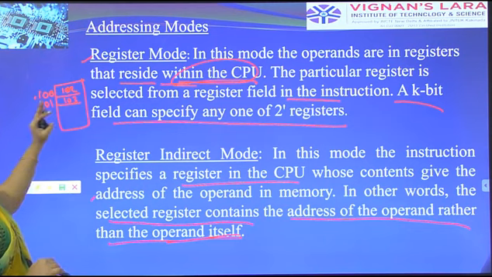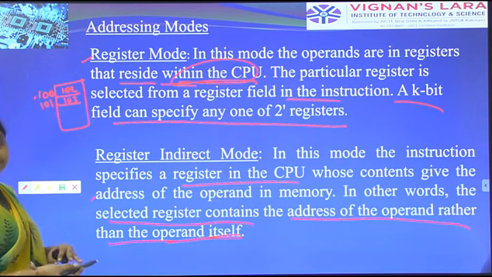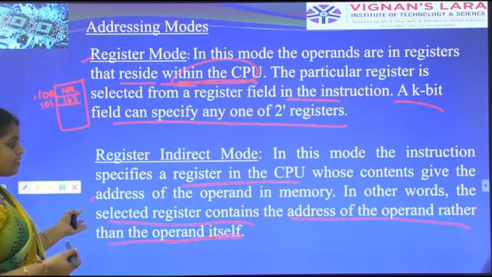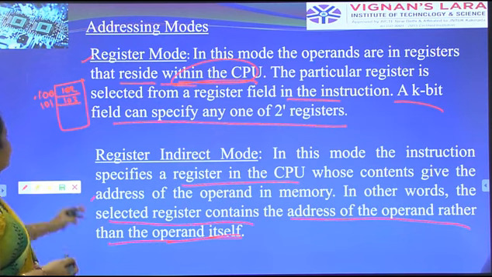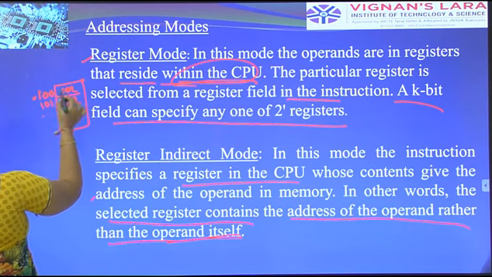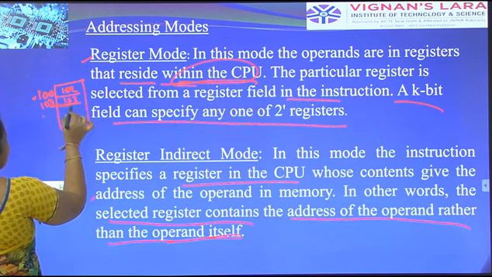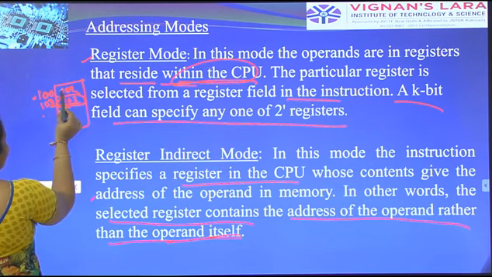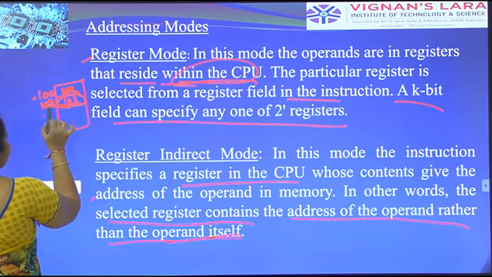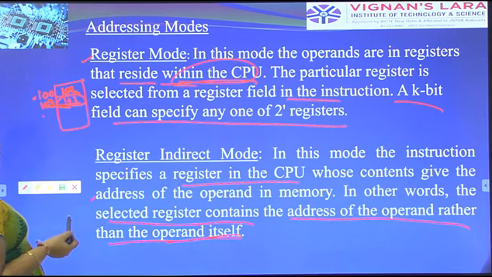Then address 102 contains 103. This indirect process is known as register indirect mode.